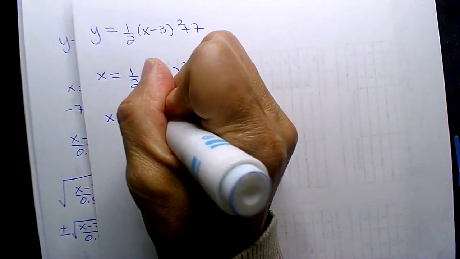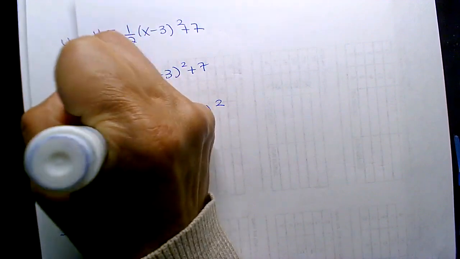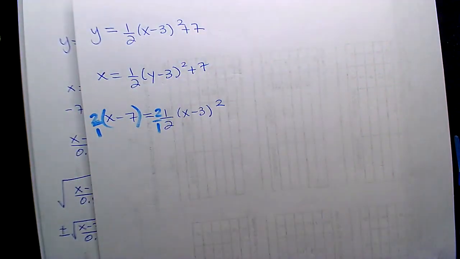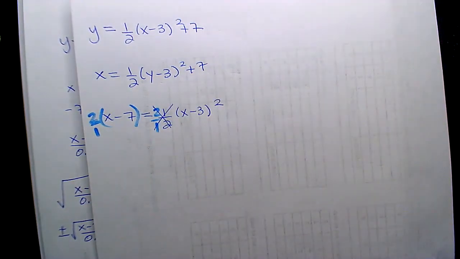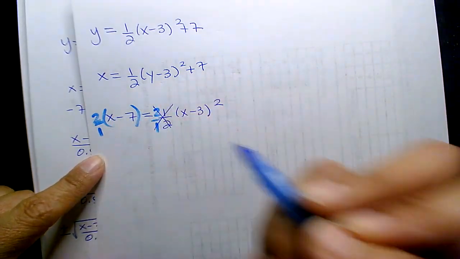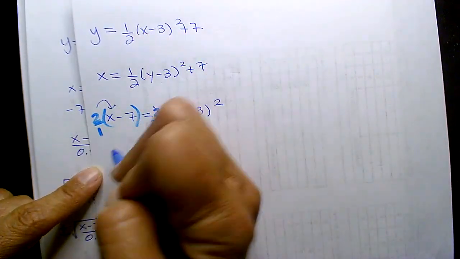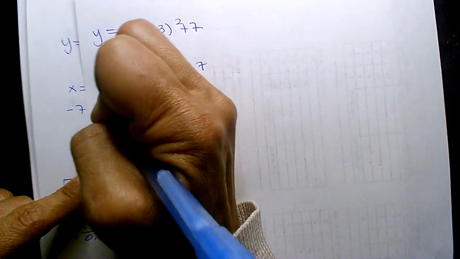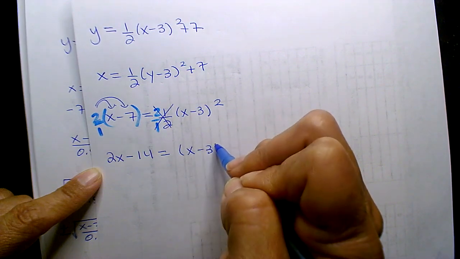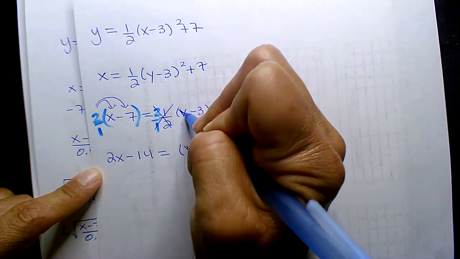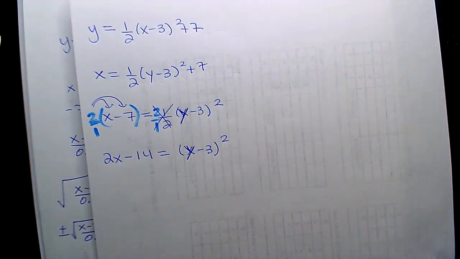You went 2 over 1, 2 over 1, but you have to realize it's going to multiply to every term, just like we divided by every term. So then this goes to 1, right? The whole point of a reciprocal is the identity property of 1. So now you have 2 times x is 2x, 2 times minus 7 is minus 14, equals y minus 3 squared.